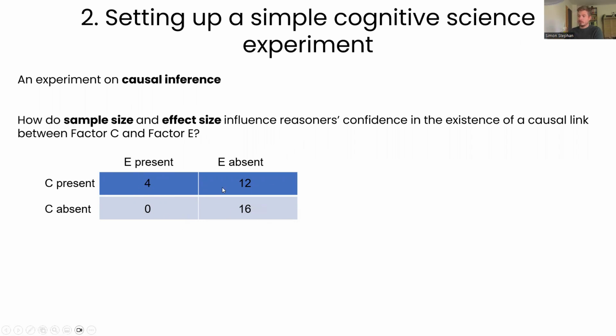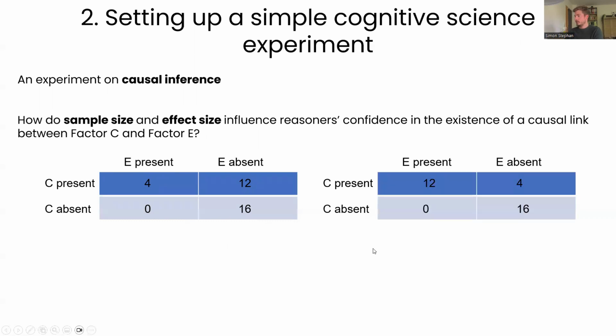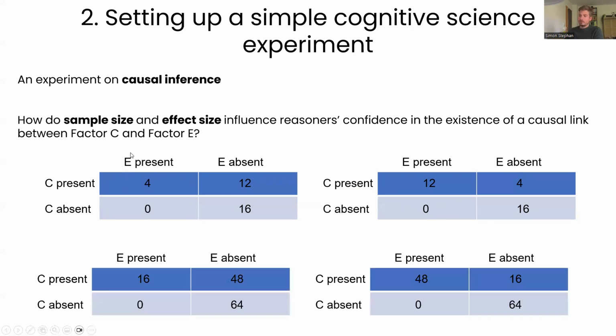So, for example, this is the data set with the small correlation or low contingency. This is the one of the same sample size, 32 observations in total, with the high correlation. And then this was the within subject factor. These two data sets were presented in a random order, and then there was the between subject factor, which was sample size.